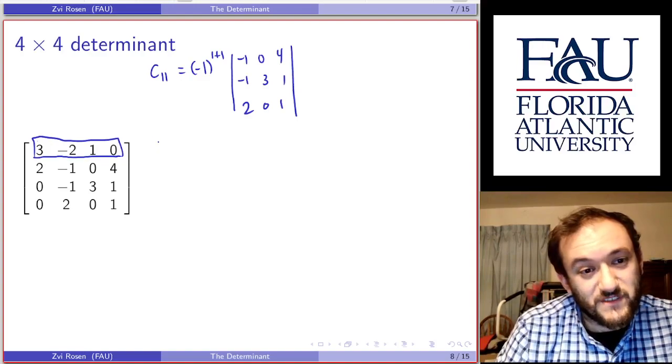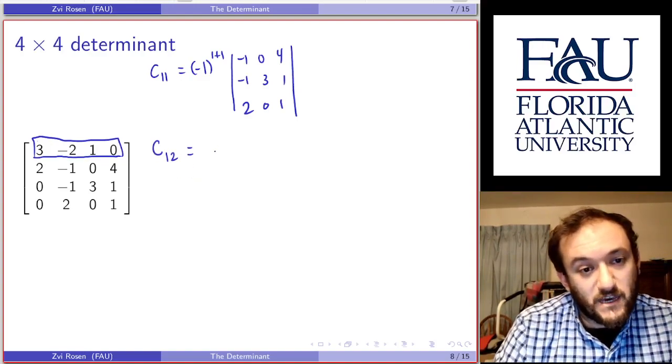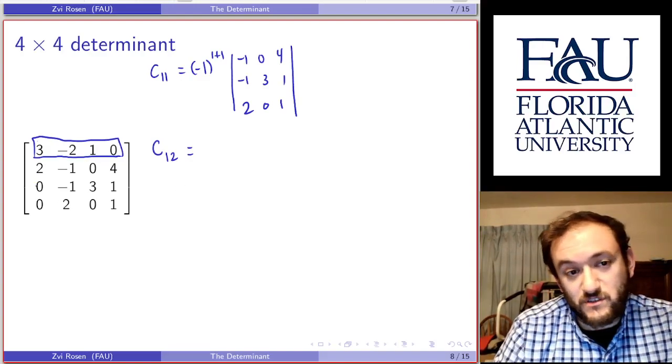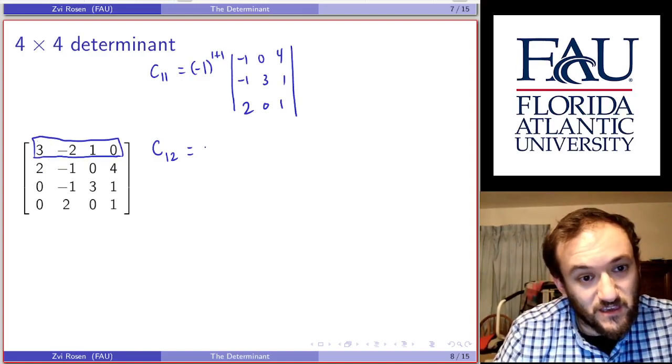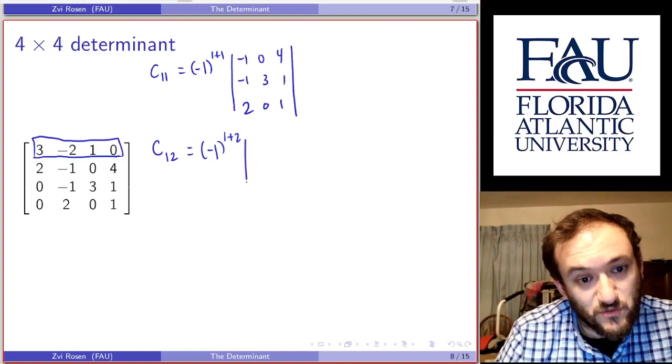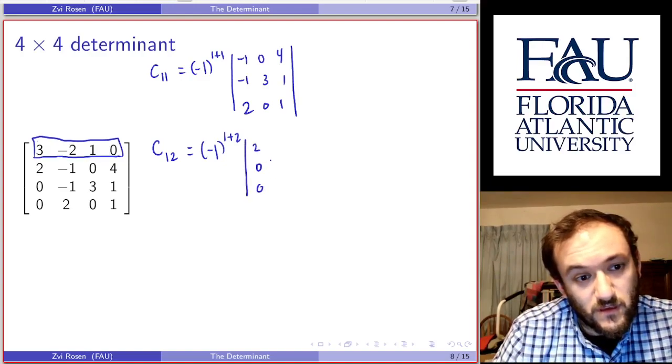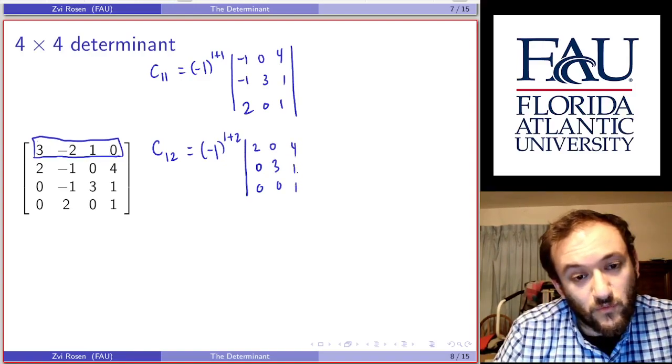Okay, then we have C12, which is equal to the matrix you get when you delete first row, second column. So that looks like, well, first we have the sign, which is negative 1 to the 1 plus 2. And we get 2, 0, 0, and 0, 3, 0, 4, 1, 1.